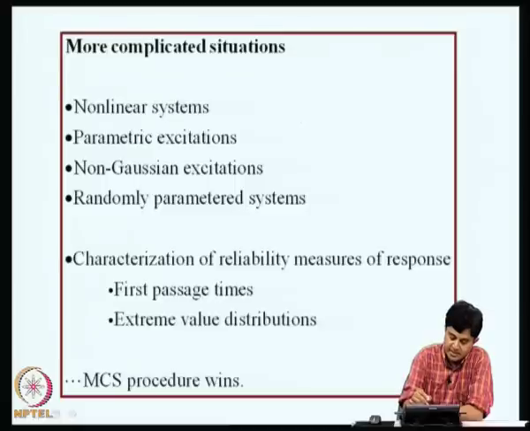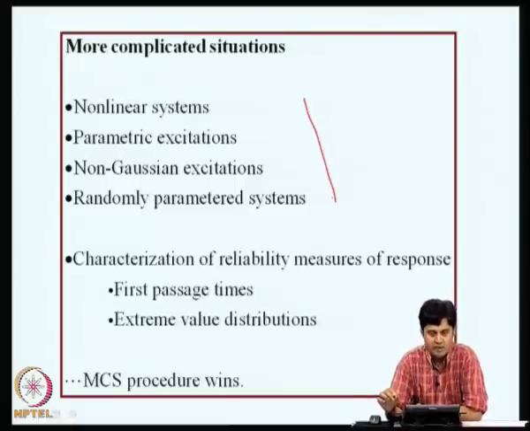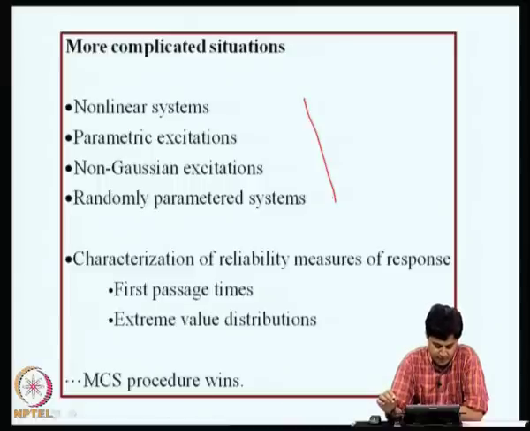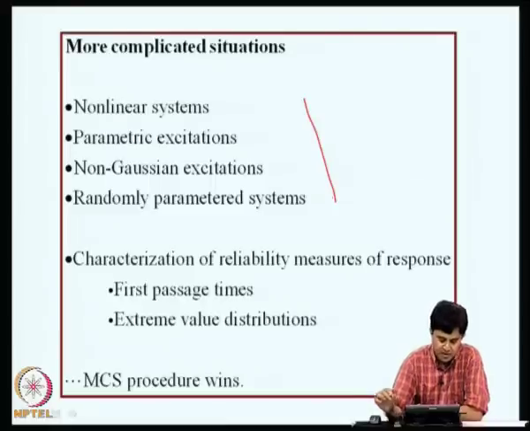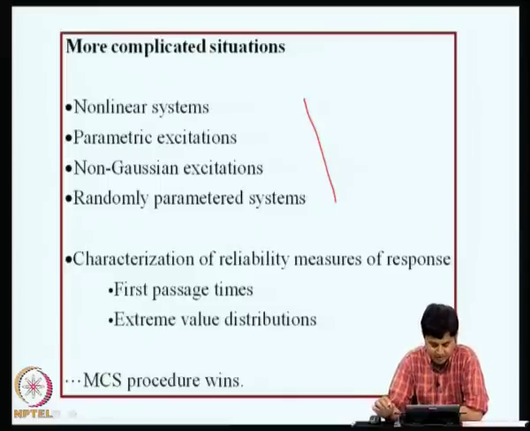In all these cases, the system cannot be analyzed exactly, and invariably one has to go for an approximate analytical solution or the Monte Carlo simulation procedure. Similarly, just to reiterate, if characterization of reliability measures of response like first passage times or extreme value distributions are of interest, the Monte Carlo simulation procedure wins over the other methods.